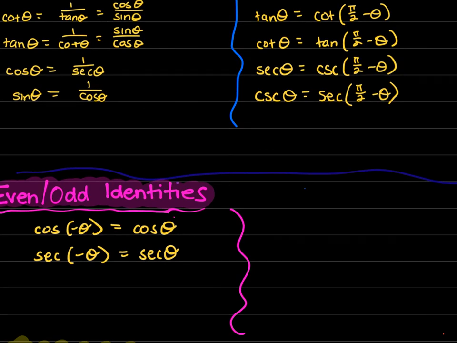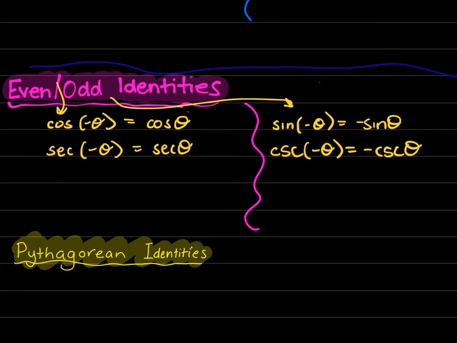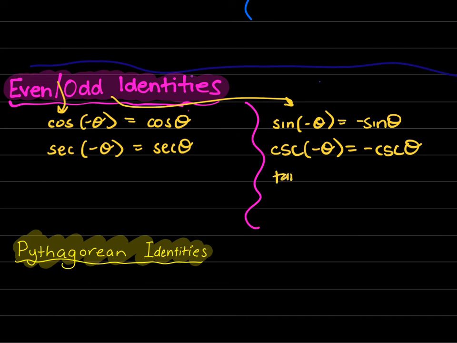Whereas the odd ones: sine of negative theta is replaced with negative sine of theta. Cosecant of negative theta is replaced with negative cosecant theta. Tangent of negative theta is replaced with negative tangent theta. And cotangent of negative theta is replaced with negative cotangent theta.